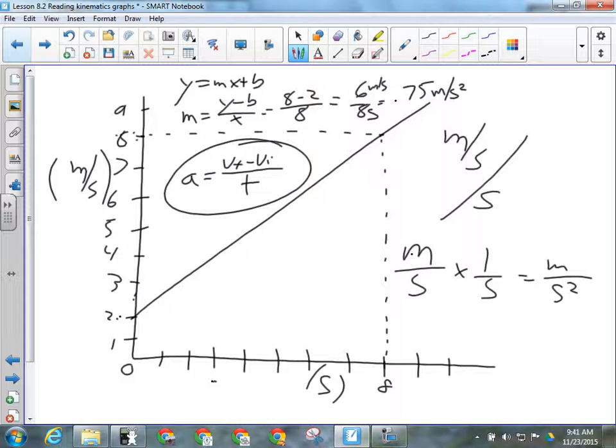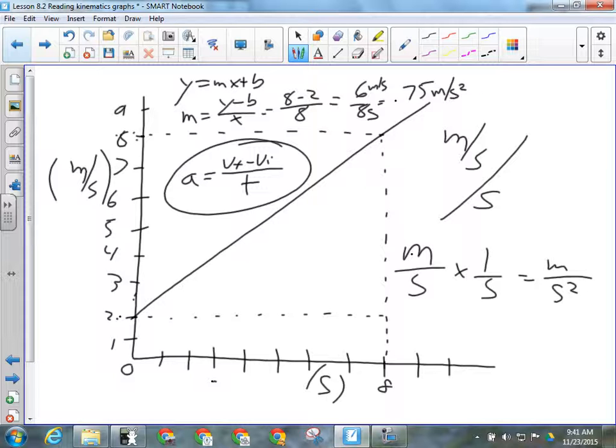No. Because this object's accelerating, we've got basically two parts to this graph. We've got the part of the graph where it's accelerating, and we've also got here's how far it would have gone if it stayed at 2 meters per second. You guys follow me there? So I have to take how far it would have gone if it stayed at 2 meters per second, and add that to how far it goes while it accelerates.